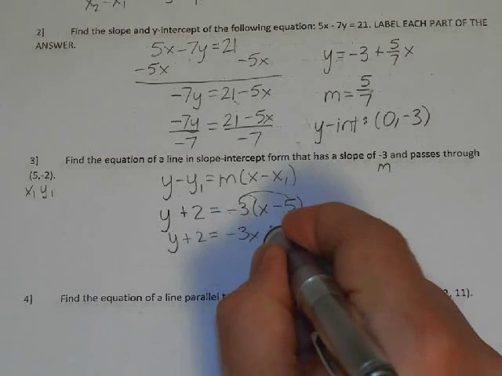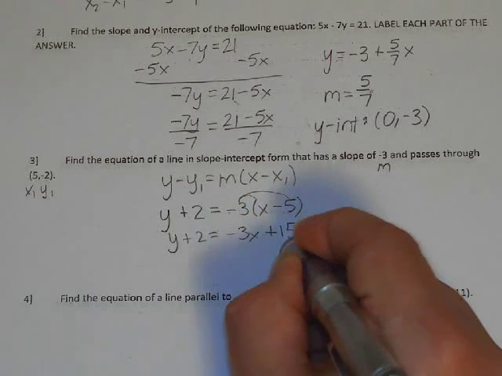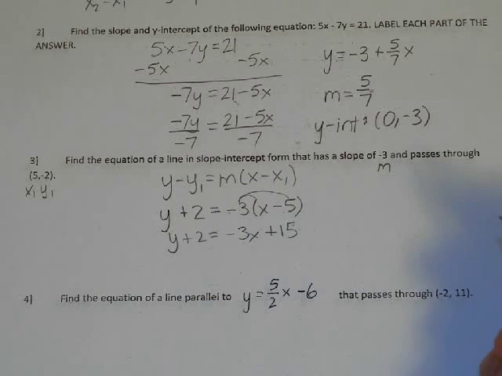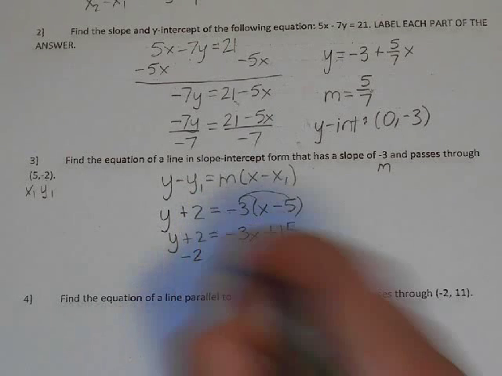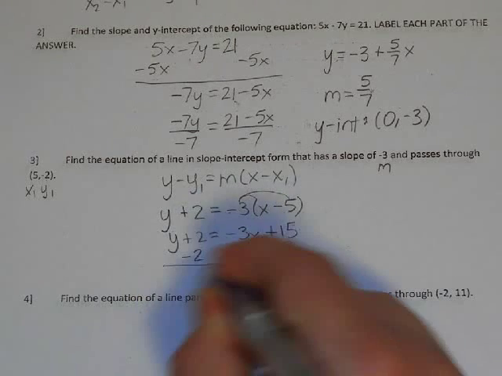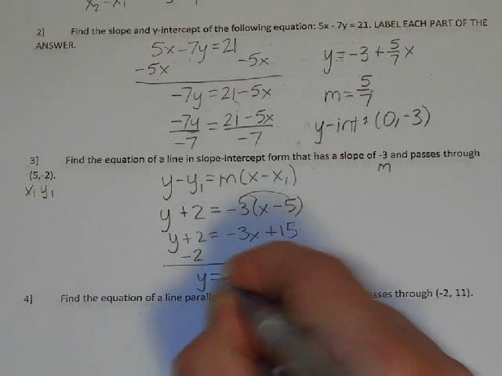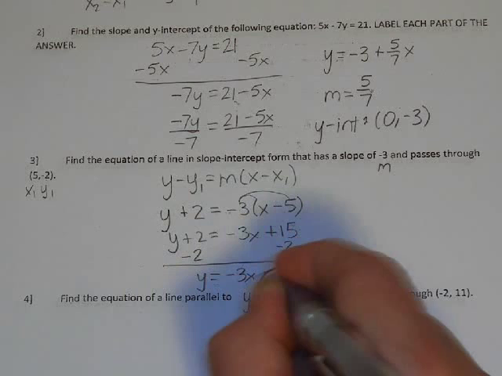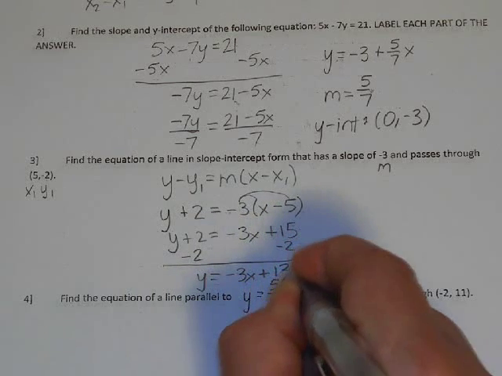Negative 3 times negative 5 is positive 15. One more step to get y by itself, and that would be to subtract 2 from both sides of the equation. And I get y equals negative 3x plus 13.